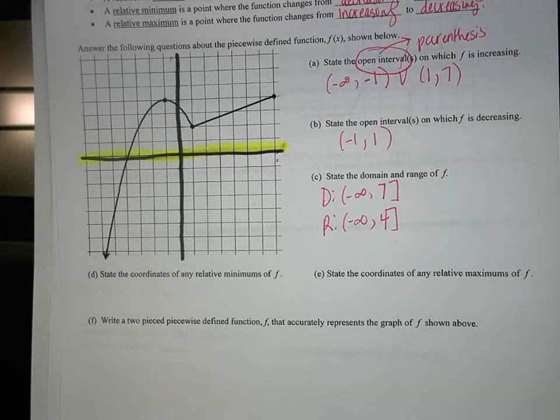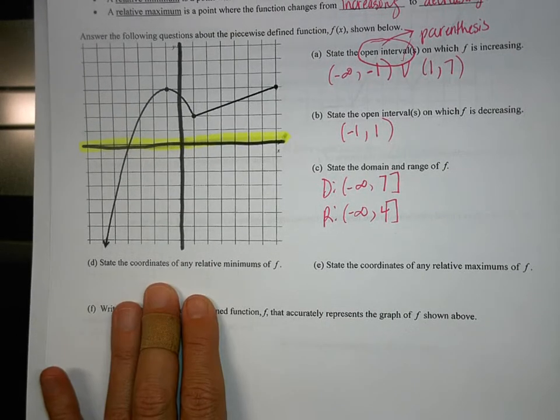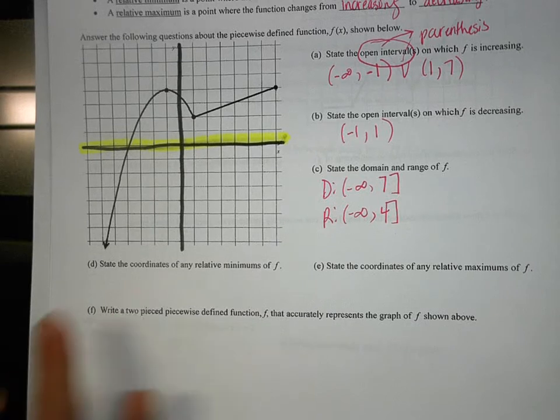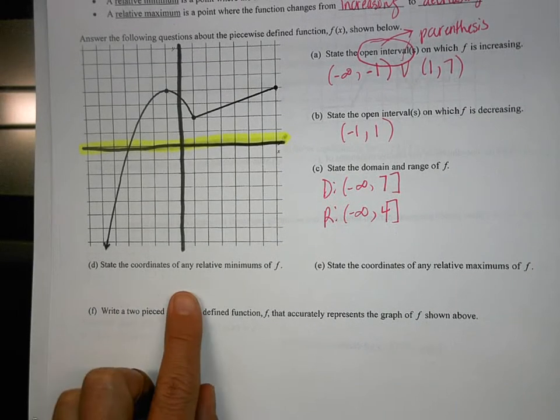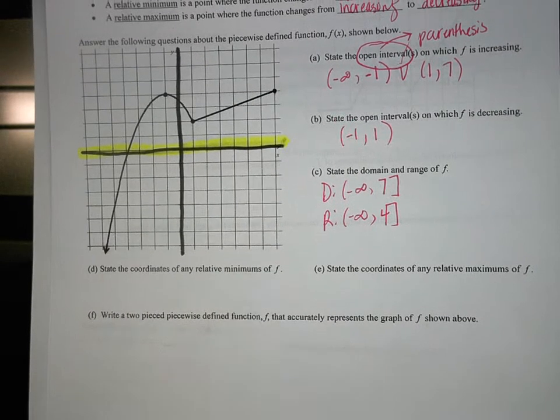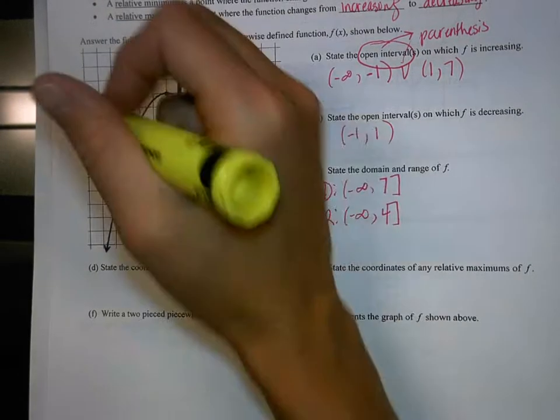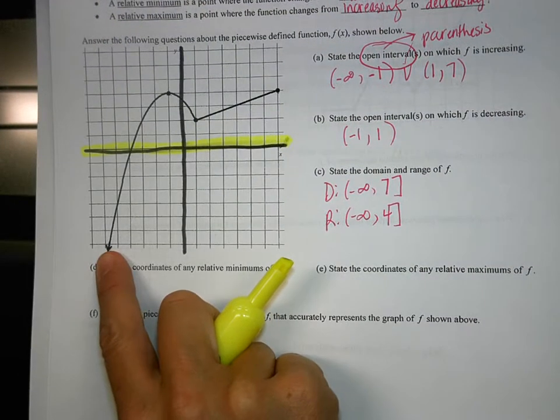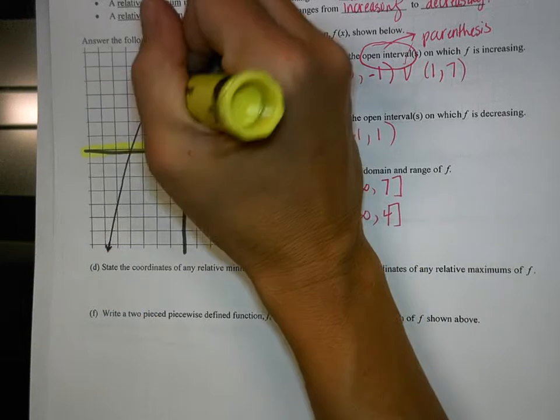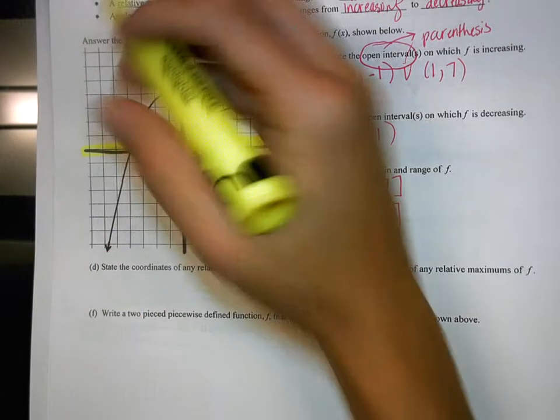Okay, so this is something new. This says state the coordinate of any relative minimums. If you look on here, this is infinity, so there's no point. Then you have this point right here where it changes directions.